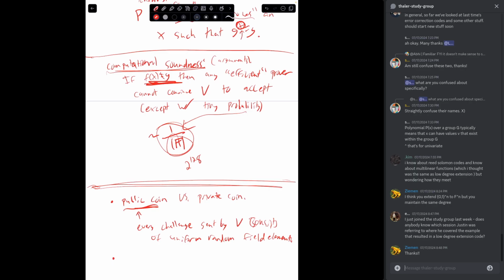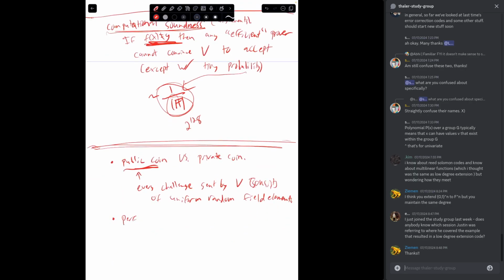So there's public versus private coins, which is an important one to know about. There's also perfect versus imperfect completeness.